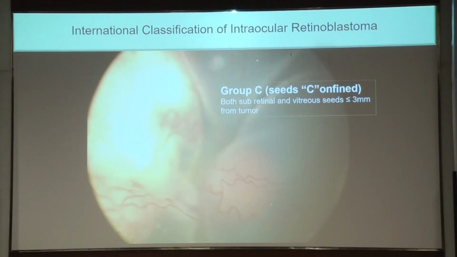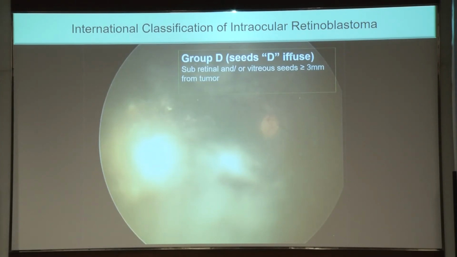Now C and D is a stage where we start having seeds. It could be subretinal seeds, it could be vitreous seeds. Now C stands for confined, where there is a focal seed. D stands for diffuse, where there are diffuse seeds. Okay, so this is group C with confined seeds, and group D with diffuse seeds.